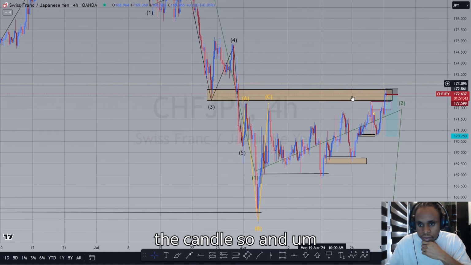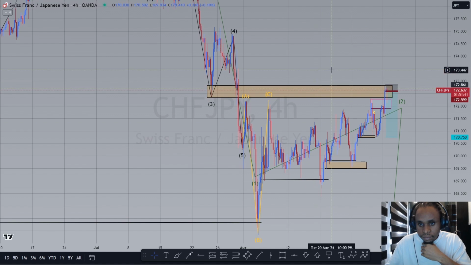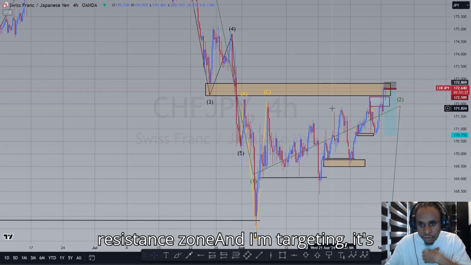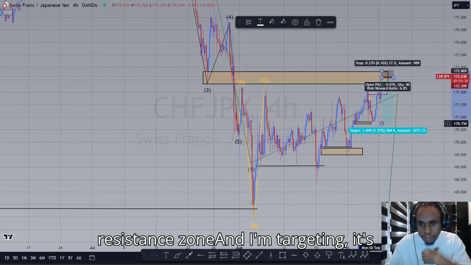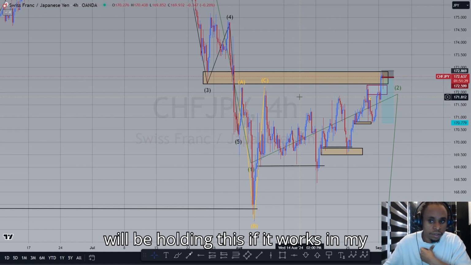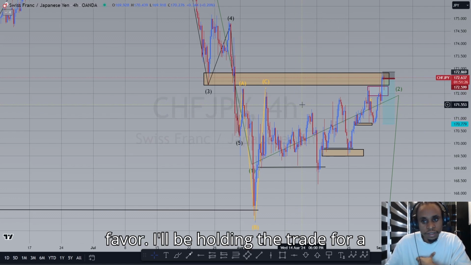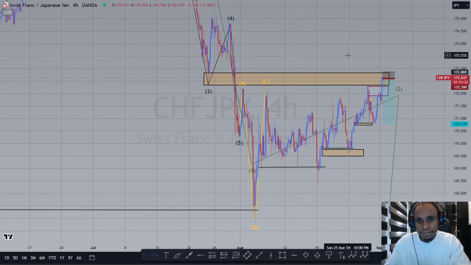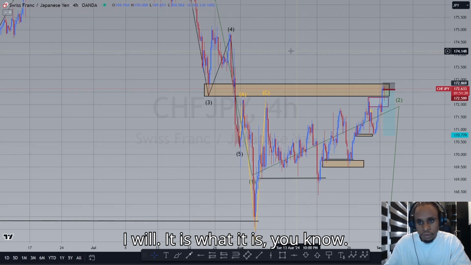And I have my stop loss just above the resistance zone, and I'm targeting. It's not a 1 day trade. It's actually a swing trade. I will be holding this if it works in my favor. I'll be holding the trade for a long time. But if it doesn't, then it is what it is.